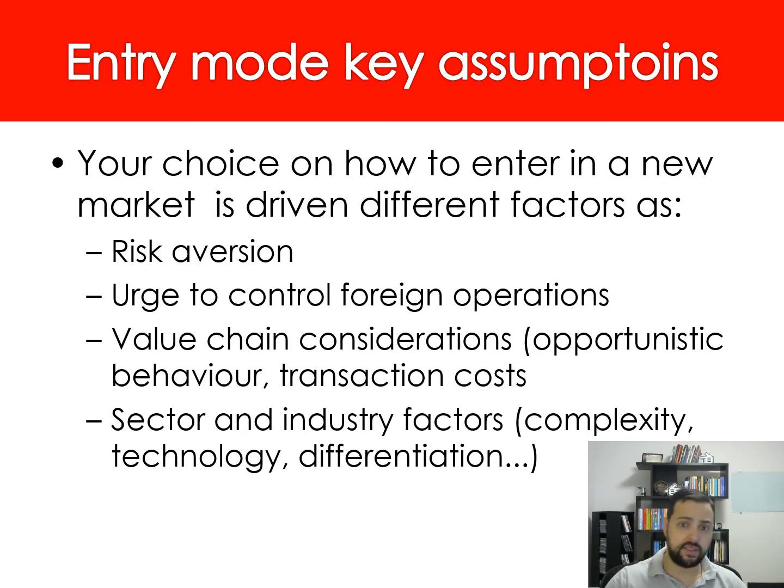So they can give the rights to other people. These other parties can use your knowledge and your business model to operate in foreign countries, and then you're going to receive a fee, usually a percentage of their revenues, and some additional payments from them.